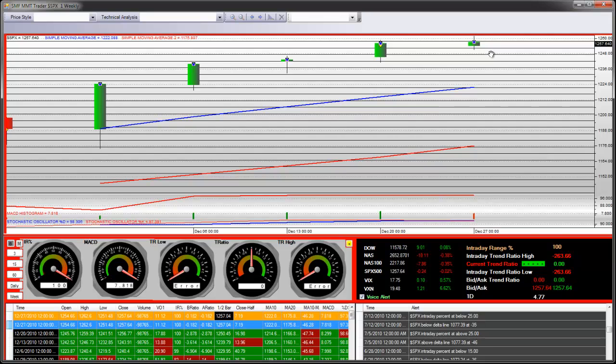Now, if I can't close above it, if I have resistance at 1257.04, then I'm going to start looking at buying that 1260 put on the S&P. Because if there is going to be a beginning reversal on January 3rd and throughout January, there will be one. Doesn't mean it has to be on the first day. We're just going to know exactly what to do, MMTs, and what side of the market we want to get on.